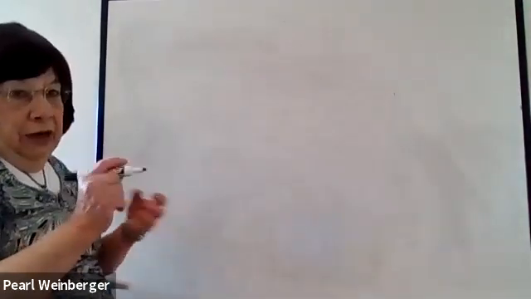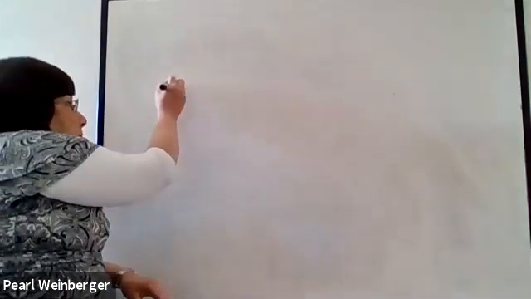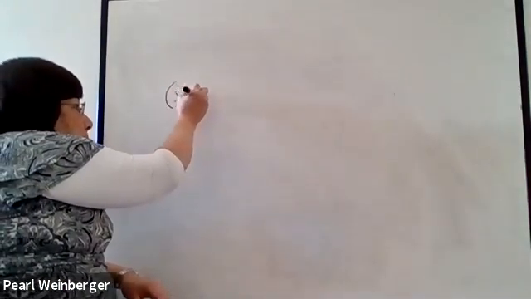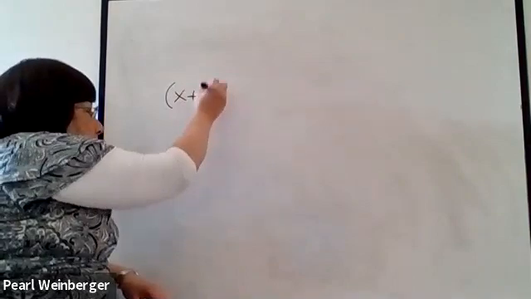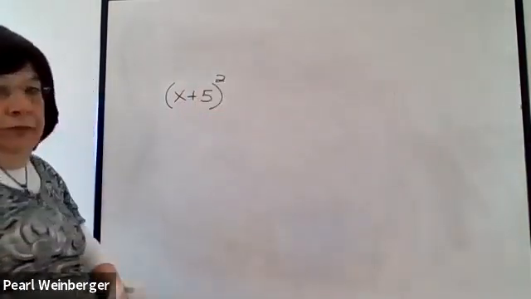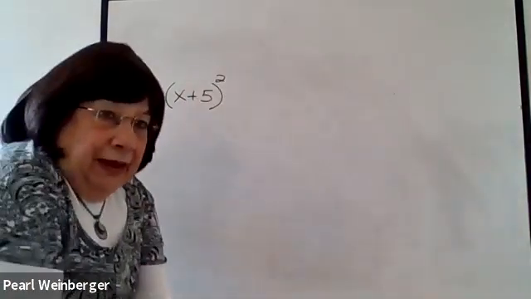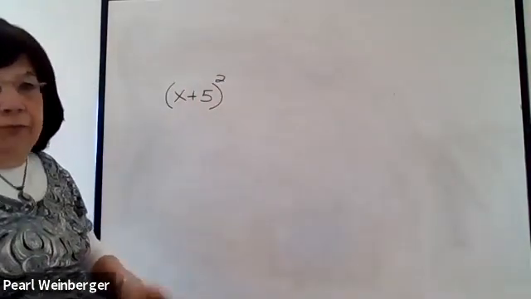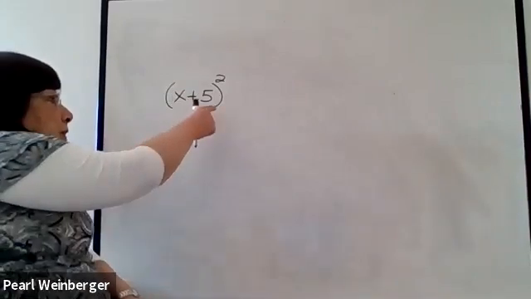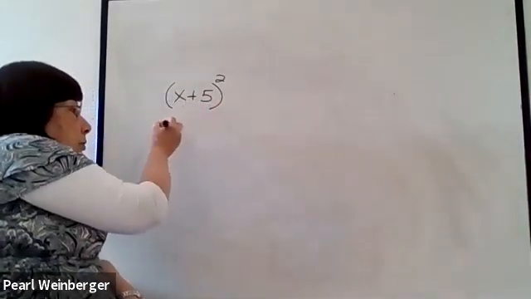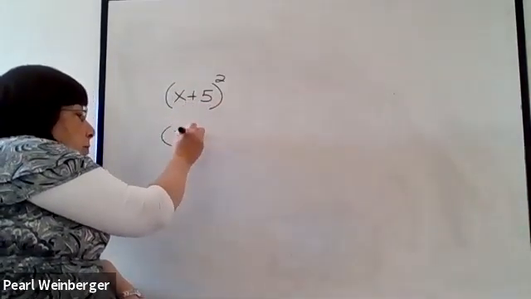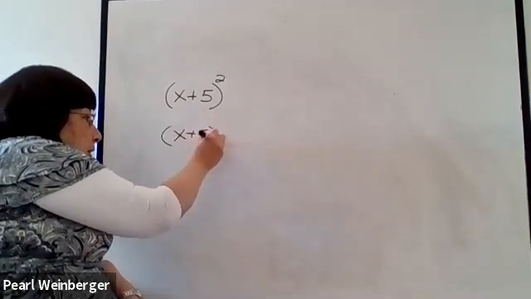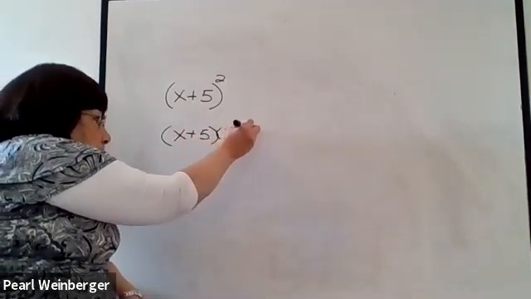In order to do that, I want to talk about what happens when we square a binomial. This sort of goes back to the third chapter that we learned. We know that when we're squaring a binomial, what it means is that you want to multiply x plus 5 times x plus 5.